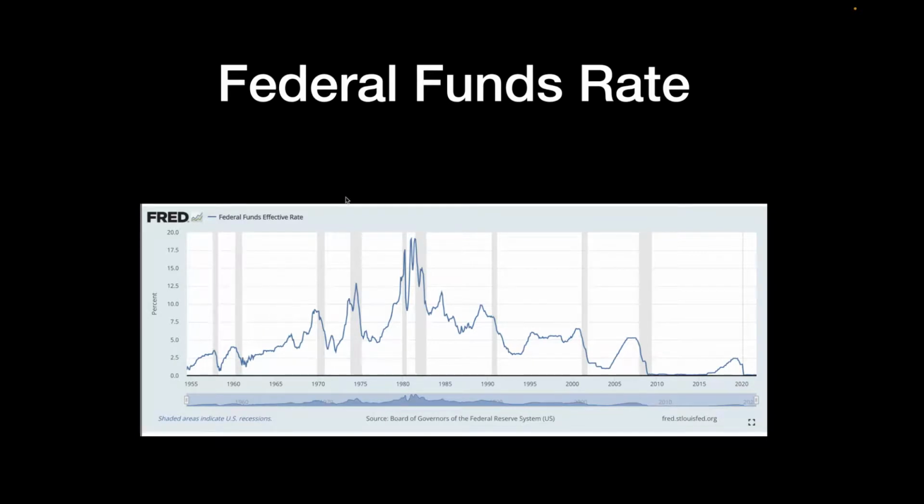For the longest time, the Fed's main way of doing this was through the federal funds rate, where the Fed would set a target for 1 to 3 month treasuries. And they would say, okay, we want the interest rate on these short term treasuries to be at like 1%.